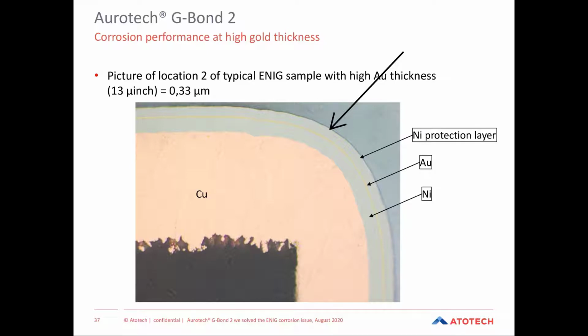If you prepare the cross section, there is a risk that during the polishing and the grinding, you peel off the gold layer from the nickel if you don't have any protection layer applied. So if we really want to look for critical corrosion like the surface corrosion, it's better to apply the protection layer, because it really ensures that you will detect any corrosion which is there.